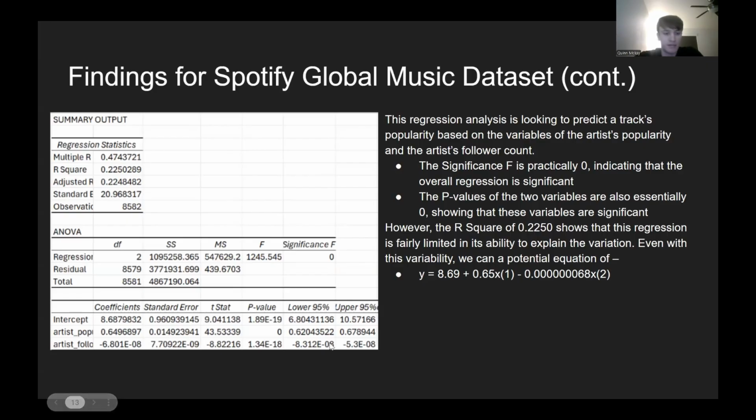Overall, for our regression analysis to predict track popularity, we used just artist popularity and artist followers. The overall regression is significant, as significance F is practically 0.